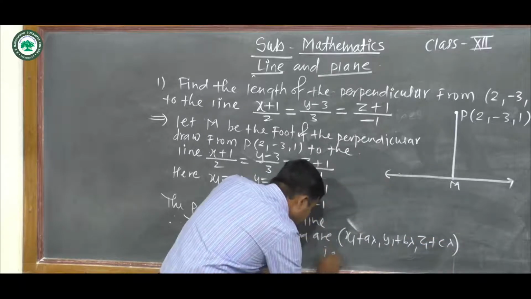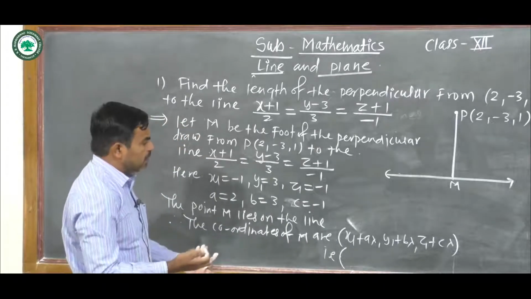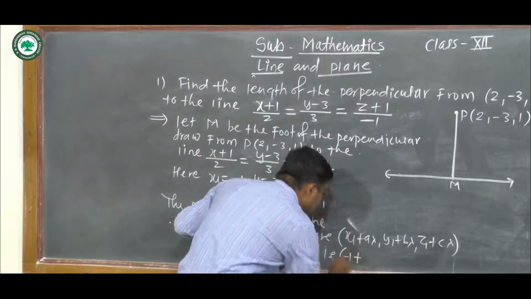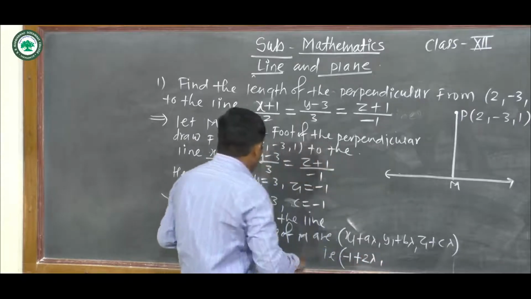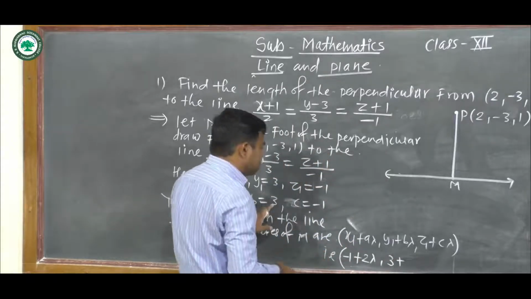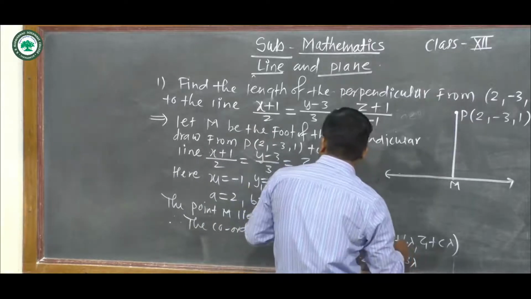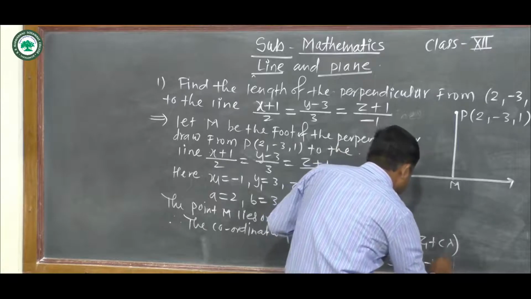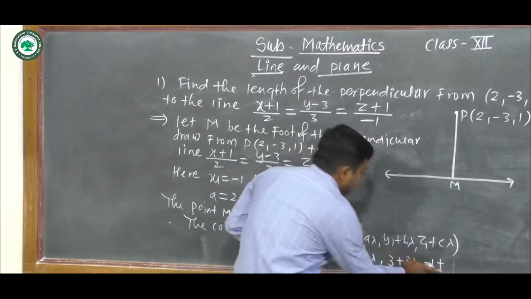Now put the values of x1, y1, z1 and a, b, c. Here x1 is minus 1. So it is minus 1 plus a lambda. What is a here? 2. So it is 2 lambda. Y1, that is 3 plus b lambda. What is b here? 3. 3 plus 3 lambda. And z1 is here minus 1. So third z coordinate is minus 1 plus c lambda, but c is minus 1, so minus lambda.